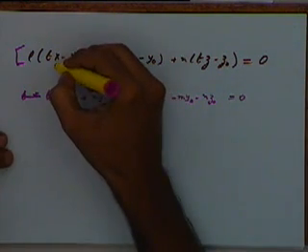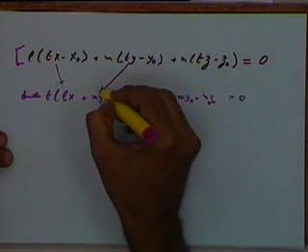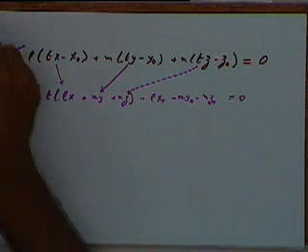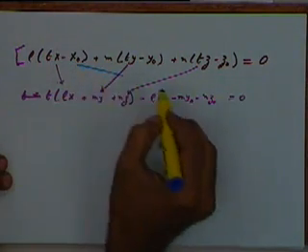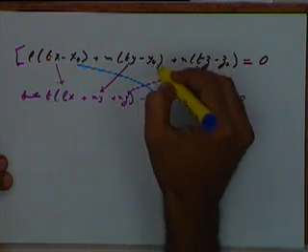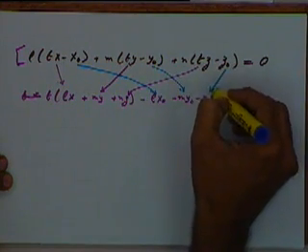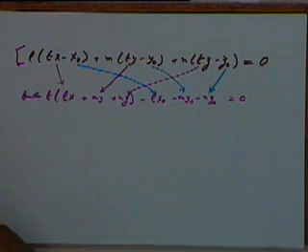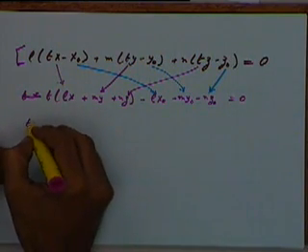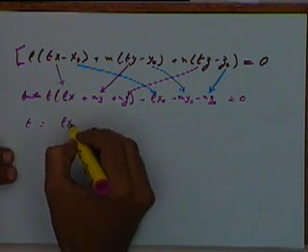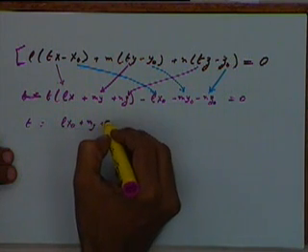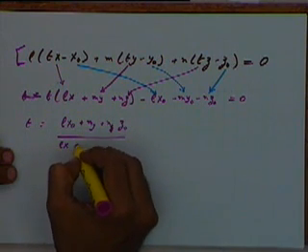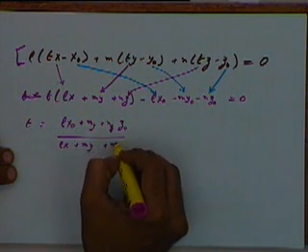This term is coming here, this term is coming here, and this term is coming here, and this term is coming here, this is coming here, and this is coming here. So from this I will get t is equal to (Lx naught plus my naught plus nz naught) divided by (Lx plus my plus nz).